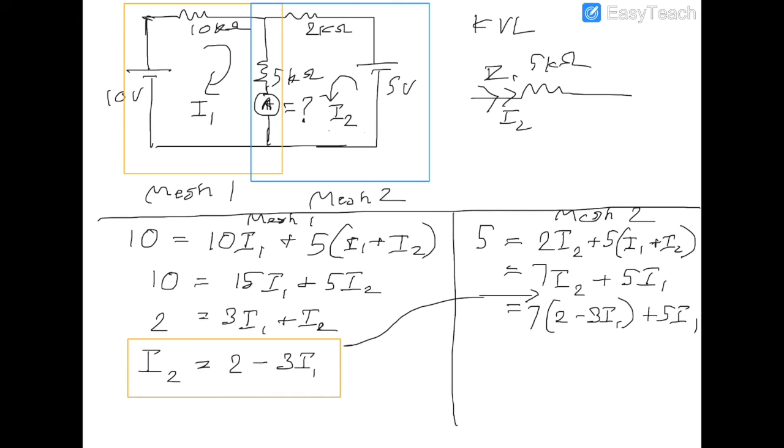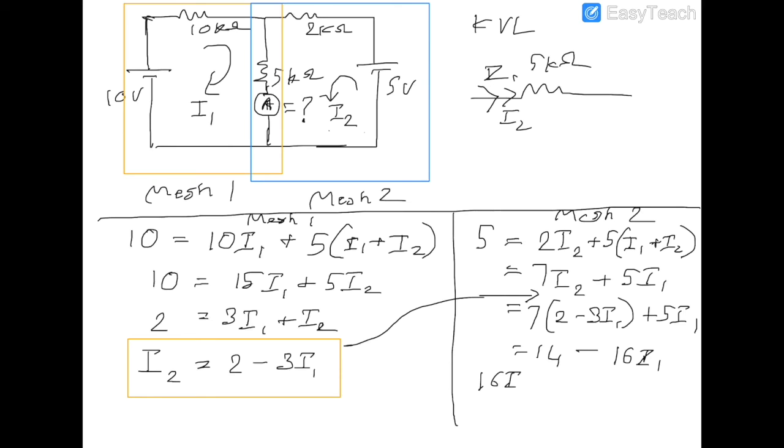And once again, let's go ahead and solve this. So I would get 14 minus 21 plus 5 is minus 16 I1. So I'm just going to shift the I1 term to the left side.